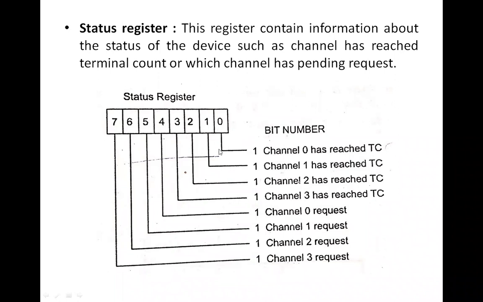So bit 0 is 1 if channel 0 has reached terminal count. Bit 1 is indicating channel 1, and similarly channel 2 and channel 3. And bit numbers 4, 5, 6, 7 are going to give the information about the pending requests which have arisen from channel 0, channel 1, channel 2, and channel 3 simultaneously.